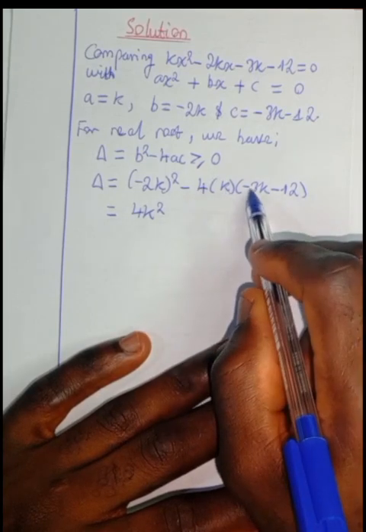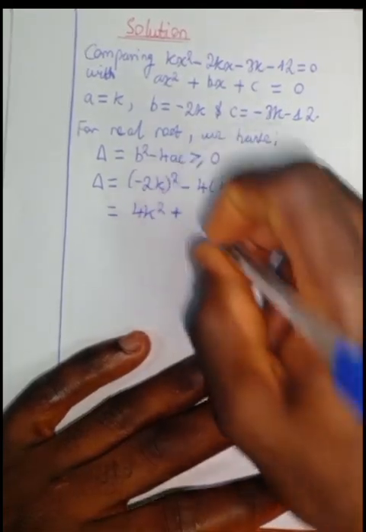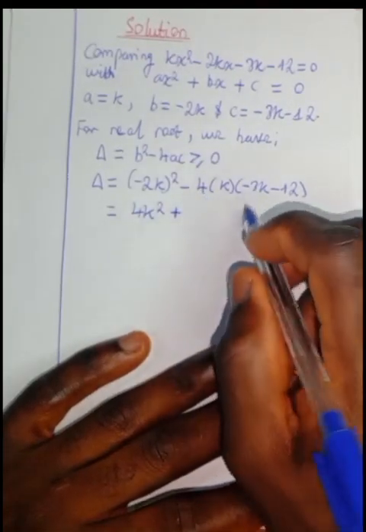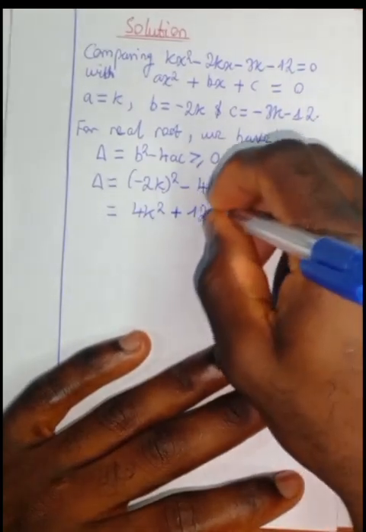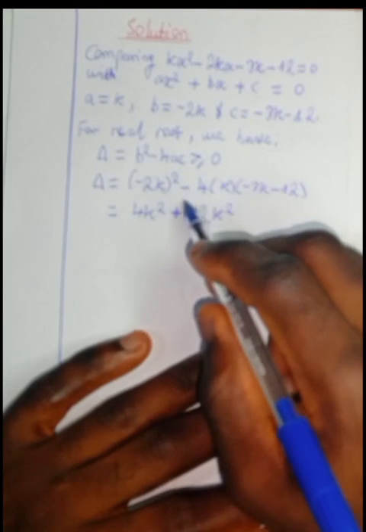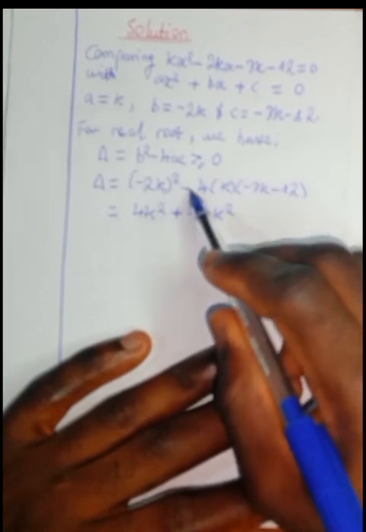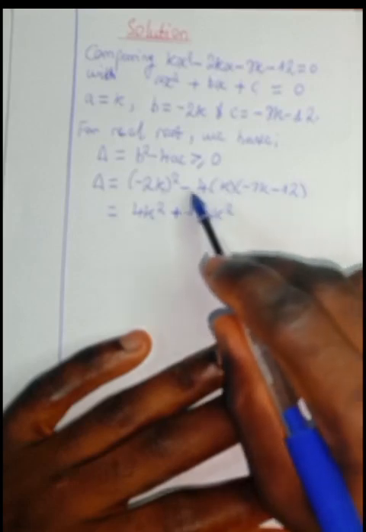Negative 4k times negative 3k: negative becomes positive, 4 times 3 gives us 12, k times k gives us k squared. Next, we take negative 4k times negative 12.